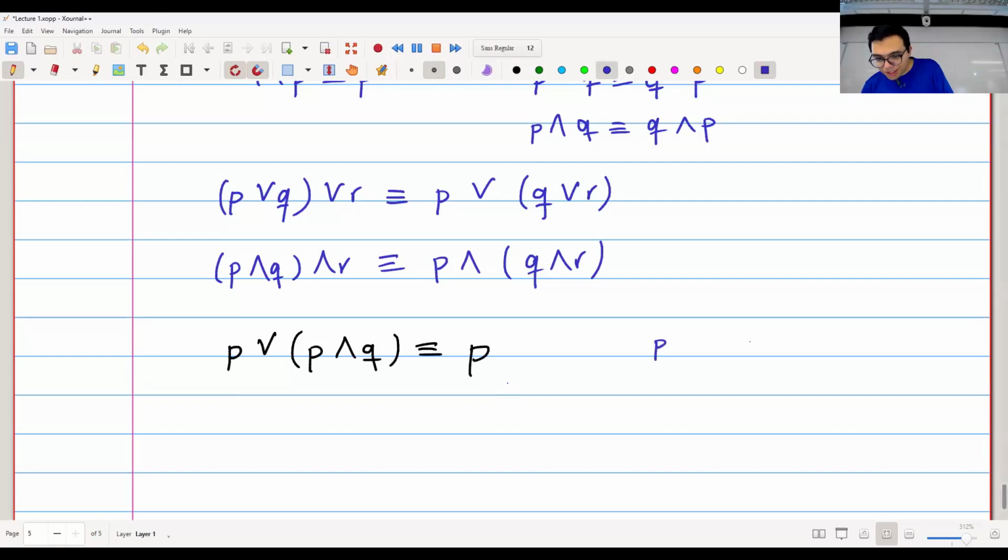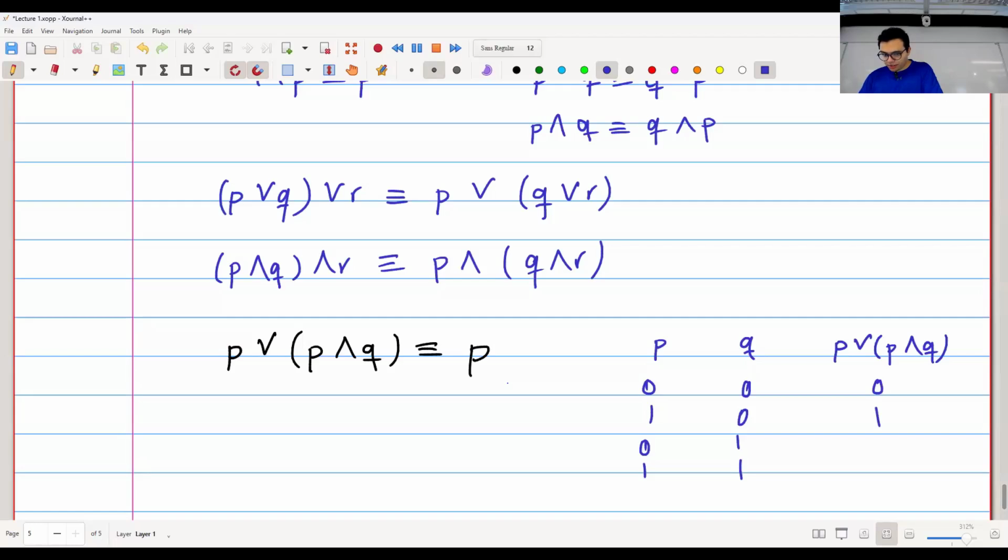Okay. Now, I think I have to do a truth table for this one. So get ready, P, Q, and then we have P or P and Q. So 0, 1, 0, 1, 0, 0, 1, 1. So if P is false and Q is false, then everything here is false. If P is true, then P or something is true. If P is false and Q is true, then here P is false.